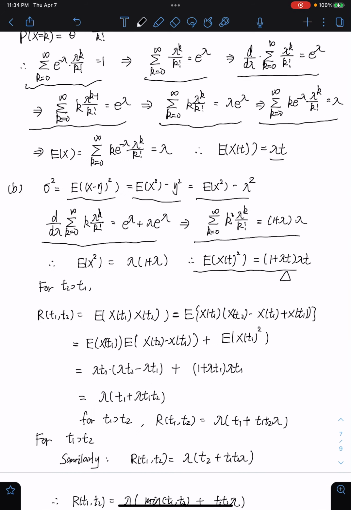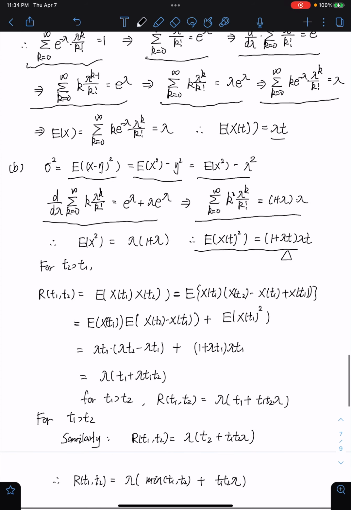And first, we need to solve the autocorrelation. First, we suppose that t2 is larger than t1, and we write the definition of the autocorrelation. Then we can do some tricks on X(t2). We use X(t2) minus X(t1) plus X(t1), and we write this out in detail, and we get this.